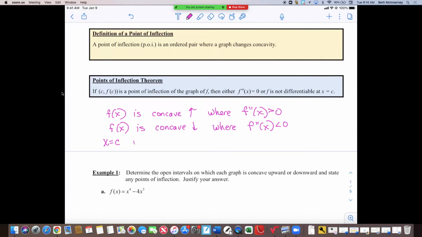X equals c is a point of inflection where f of x changes concavity. So in a nutshell, that's what we just defined. Not super precise, but just the real basics.